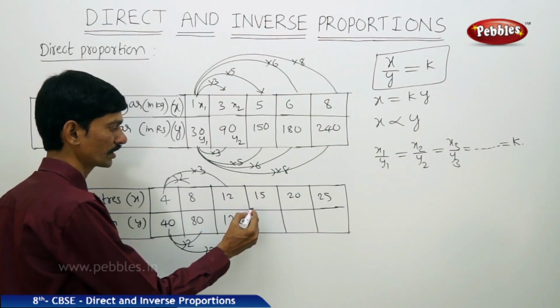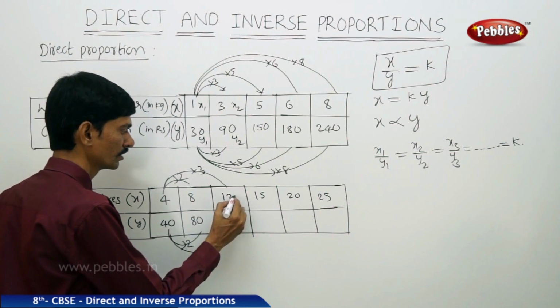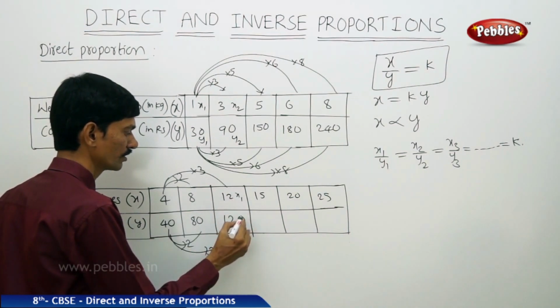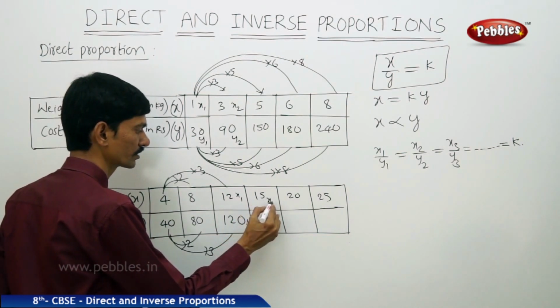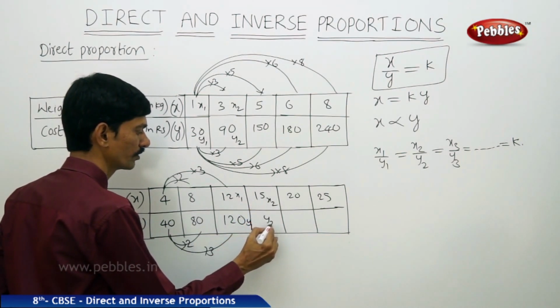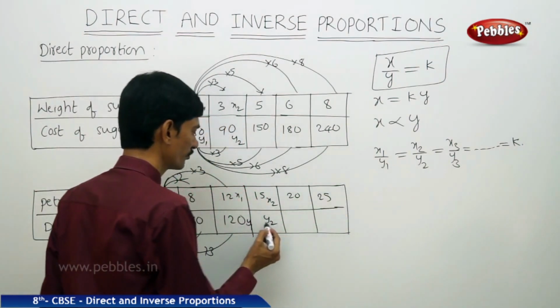Now let us see the second example, where the y value is missing. So let us take this 12 as x1 and 120 as y1, and 15 as x2, and this we don't know, that is y2. Now let us take the ratio and we will find the y2 value here.